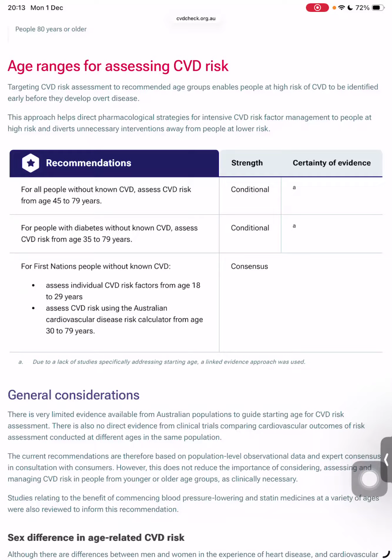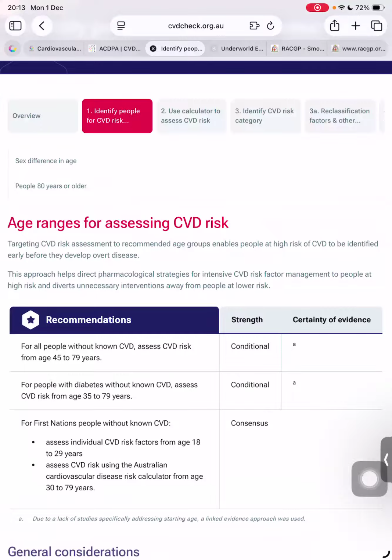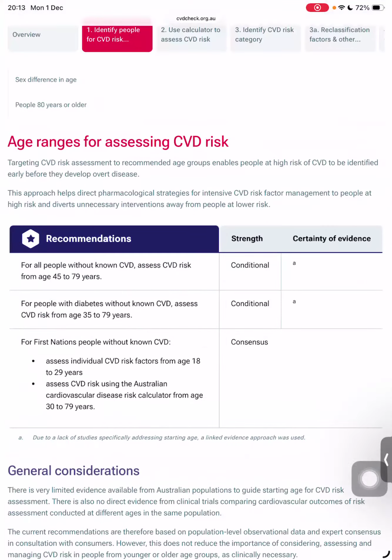I'll explain what this means. And the second point they have mentioned: assess cardiovascular risk using the Australian risk assessment from age 30. Just remember, all three are without cardiovascular disease. Because if the patient has any disease, we have to treat it, right?